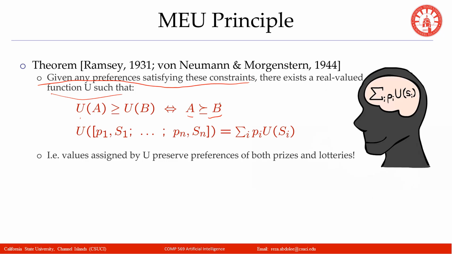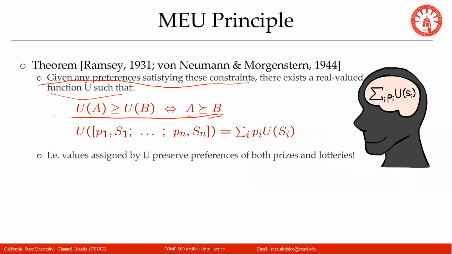Basically, we have been talking about the utility function. Now we understand the notion of preferences between different prizes. It says that if the agent prefers A over B, then when you define your utility function, it must follow this equation.